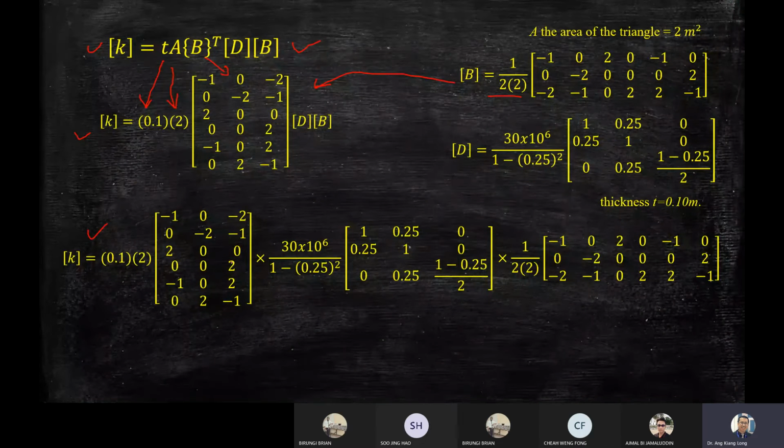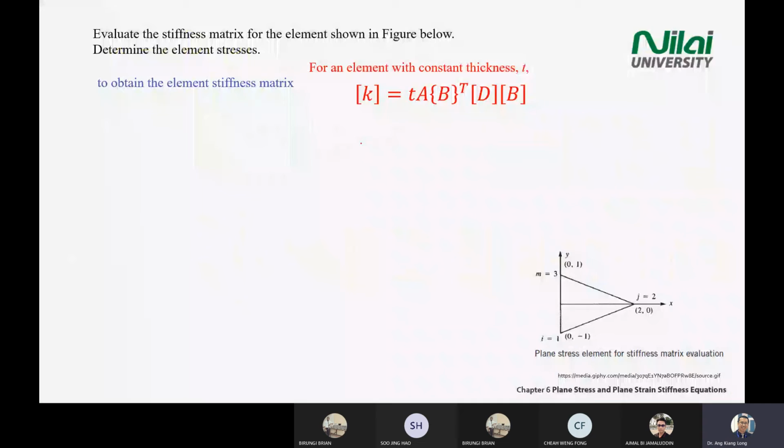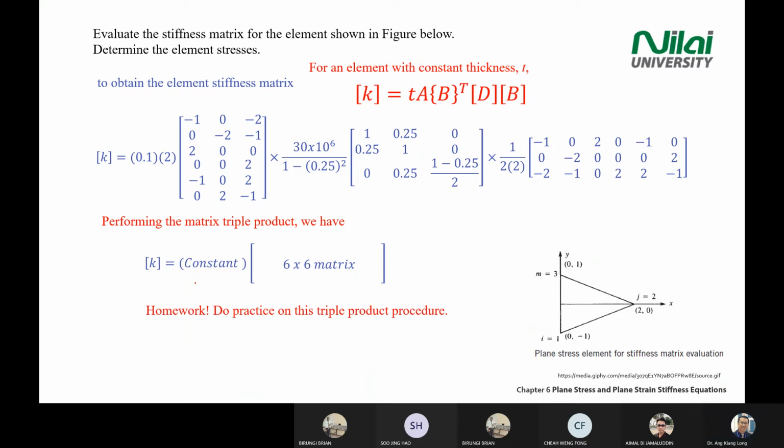Then you use an online calculator to help you do the multiplication of 3 matrices here. At the end, you will get a constant times 6 times that matrix. I will leave that as your homework, but what is important is that you understand the procedure.